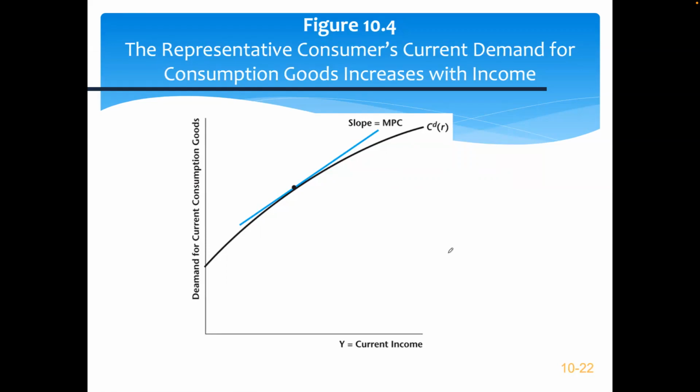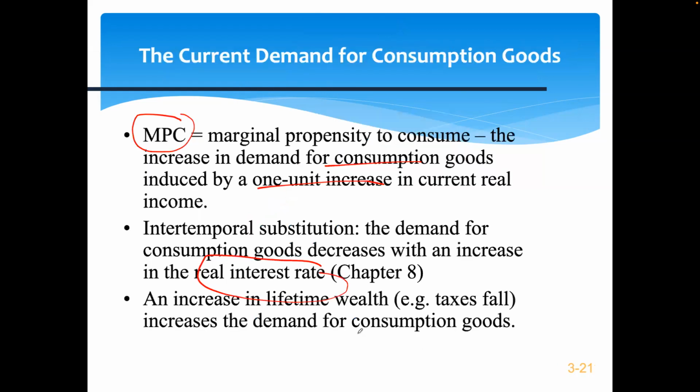Plus, the current period is more interesting because it's affected by the interest rate, or it's going to help us determine the interest rate. That's what we're interested in. Right? So first, your consumption is going to increase with your income, right? This is exactly what we mentioned here. Increased lifetime wealth is going to increase your consumption, and income is going to increase your consumption, right?